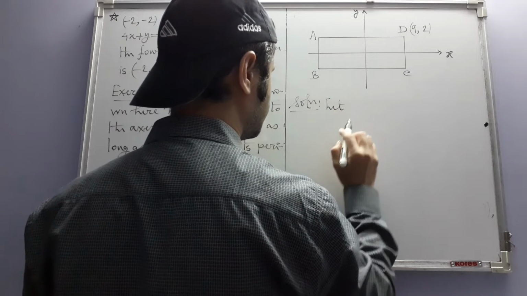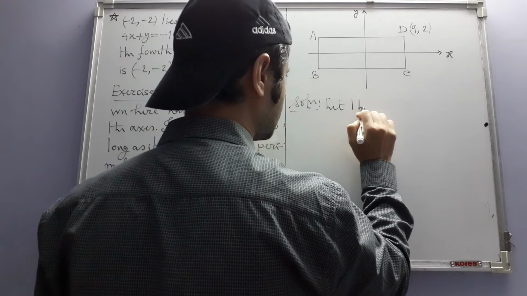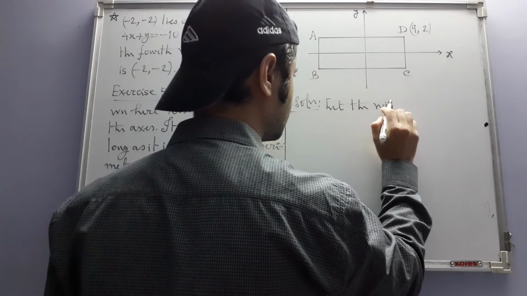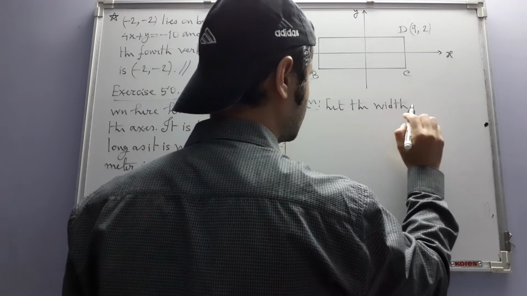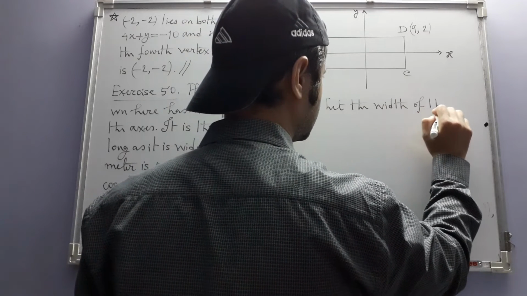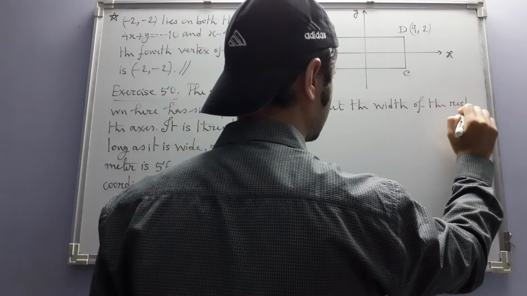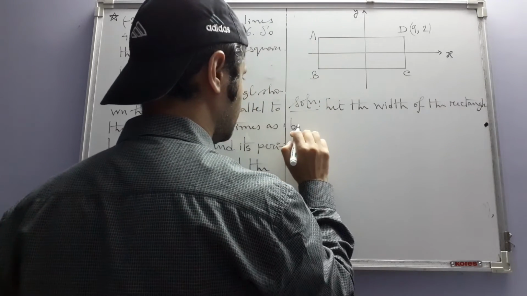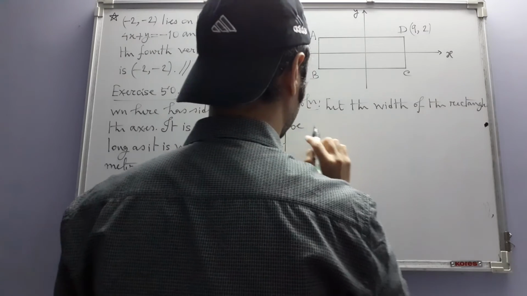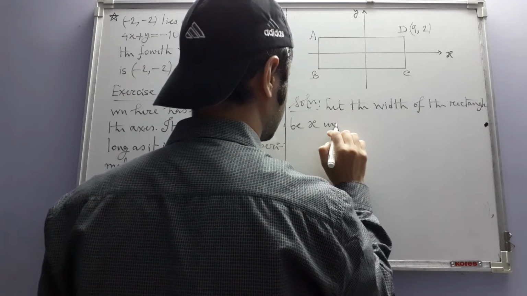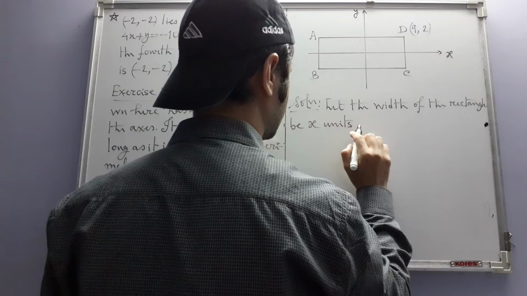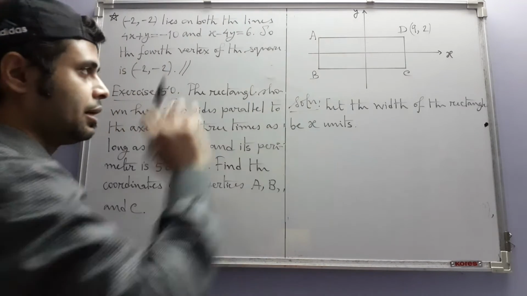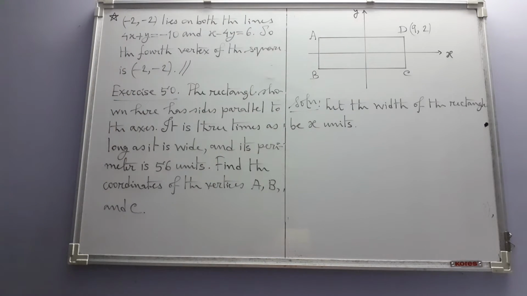Let the width of the rectangle be x units. That means AB and CD are x units.